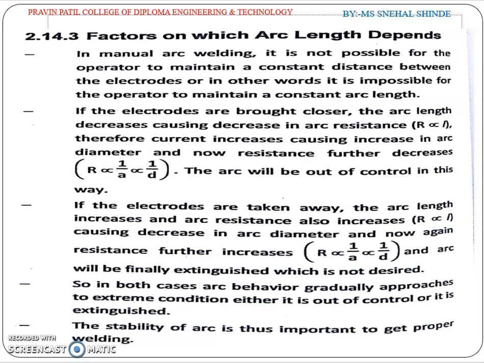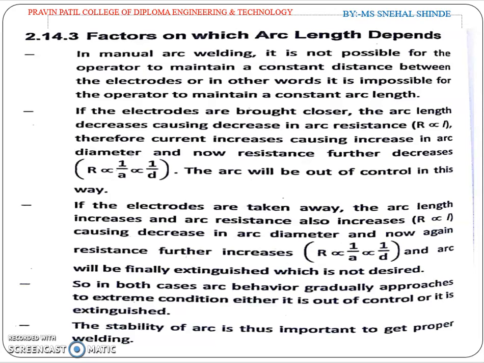Therefore, current increases, causing an increase in arc diameter, and now resistance further decreases because resistance is inversely proportional to the area. The arc will be out of control in this way.